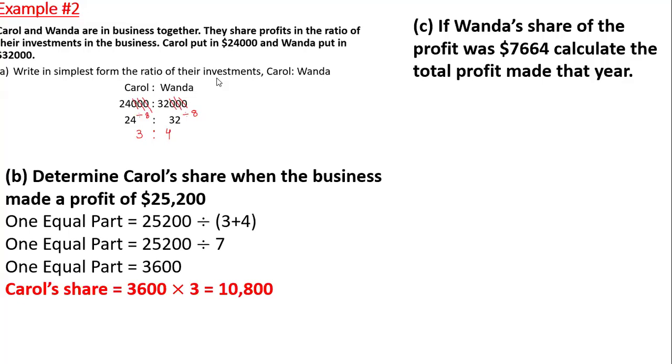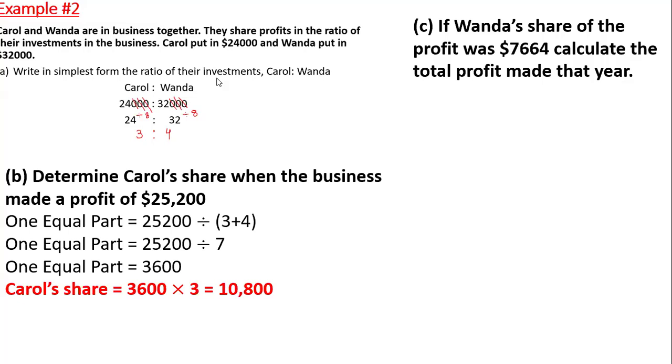My idea was that if we know Wanda has a share of 4, we get that number and divide by 4, and that's 1 equal part. And then with that 1 equal part, we find Carol's share.